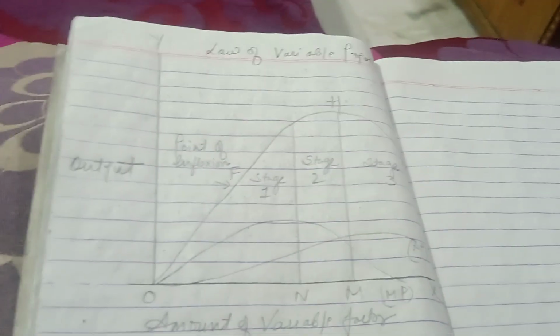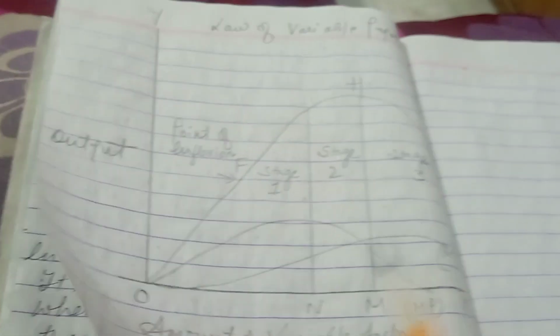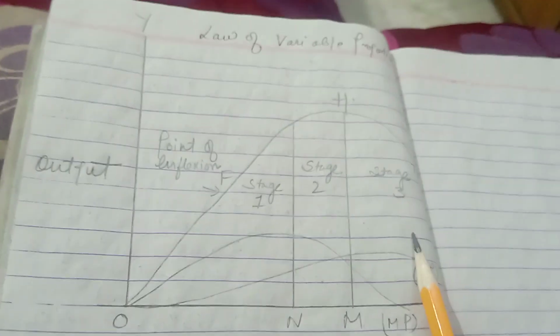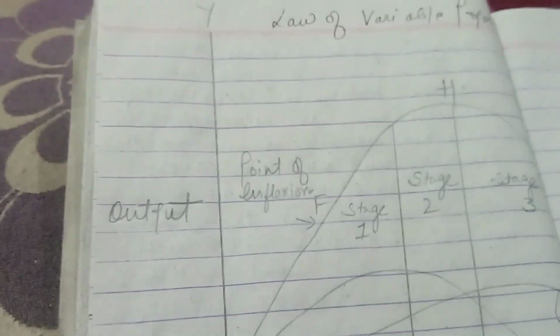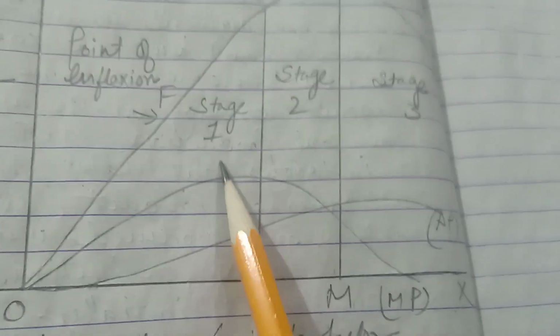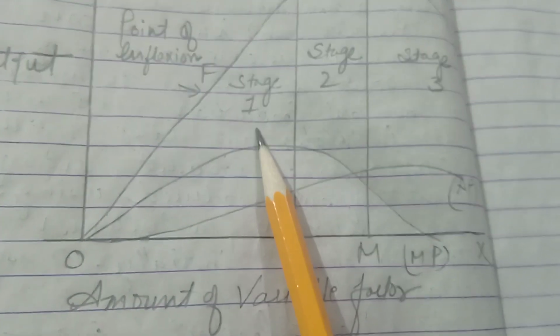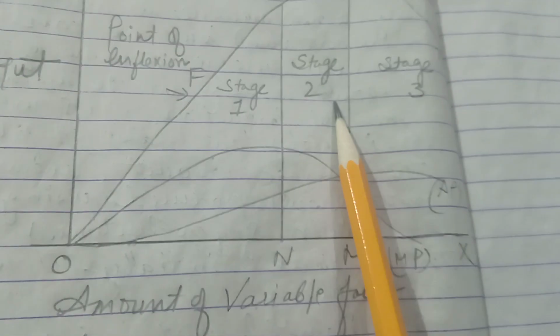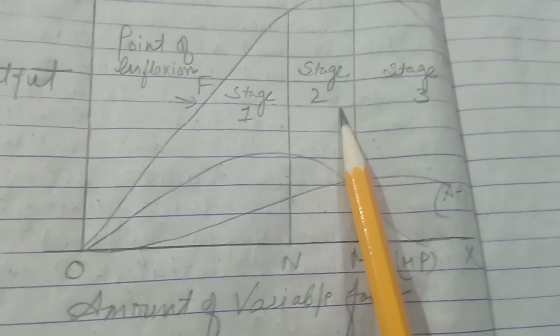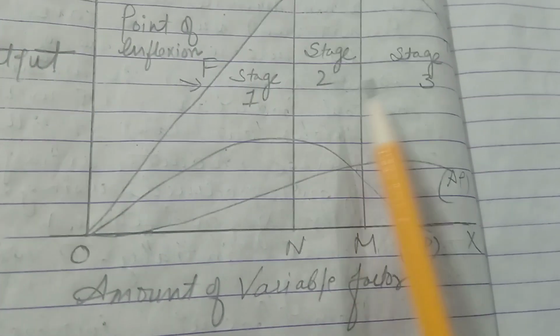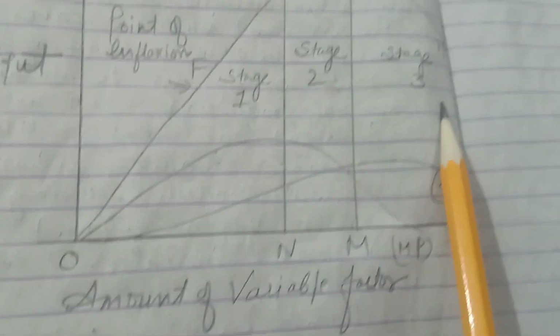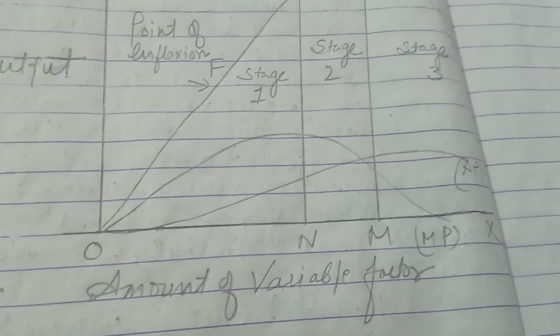Now, as you can see through this diagram, there are three stages: stage 1, stage 2 and stage 3. Now let us take them one by one and get the points clear. Students, stage 1 is the law of increasing return. Stage 2 is the law of diminishing return, and stage 3 is the stage of negative return.